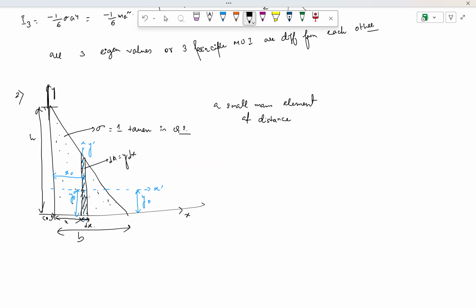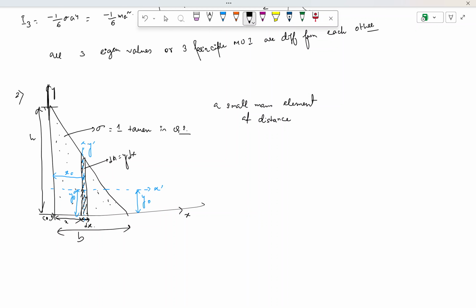Then you can also draw another set of axes through this newly drawn shaded area element, across the central line of this shaded strip.